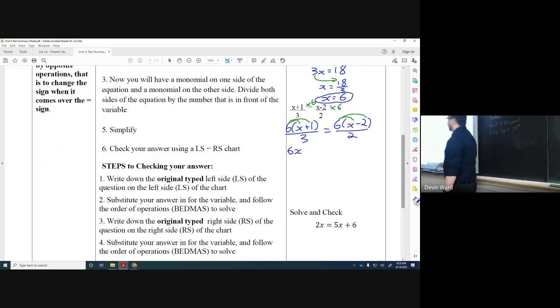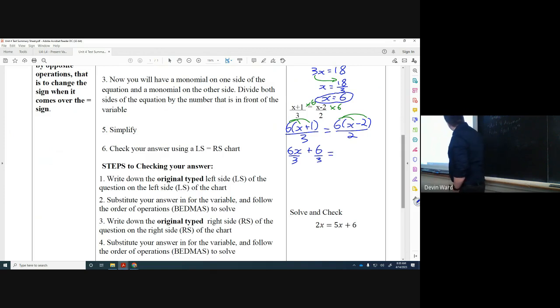Six times x is 6x. 6 times 1 is 6. And instead of putting them both over 3, remember I like to separate them. Divide by 3 and divided by 3. It just makes it easier to see what each term is going to be going forward.